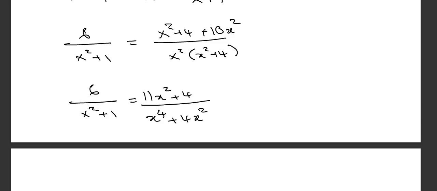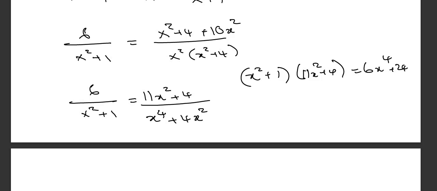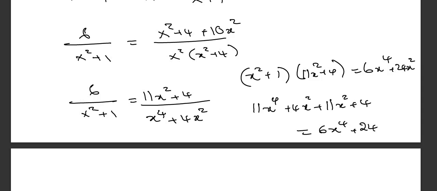Then here we can cross multiply. When you cross multiply, you're going to get x plus 1 to the power 1, then 11x squared plus 4. Then this side you just get 6x to the power 4 plus 24x to the power 2. Then this is going to be 11x to the power 4, plus 4x squared plus 11x squared plus 4 is equal to 6x to the power 4 plus 24x squared.